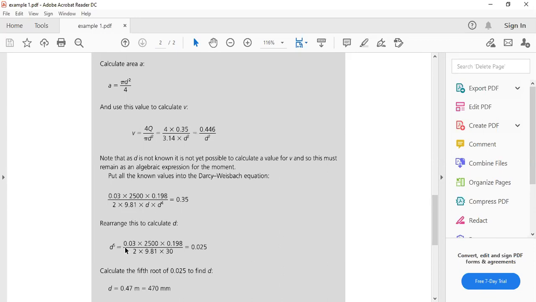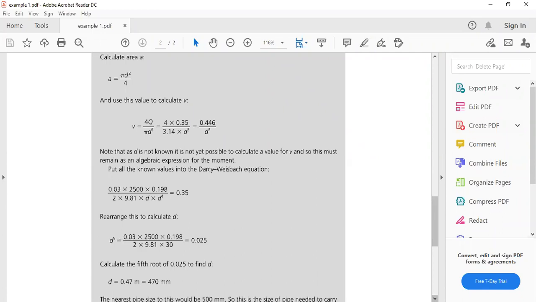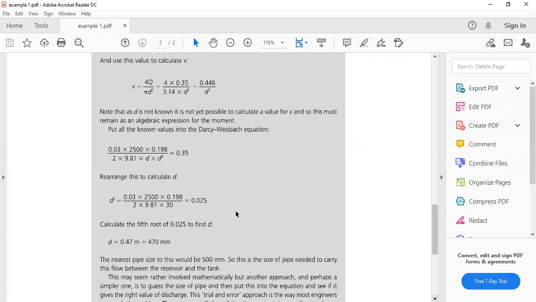And when we solve for diameter, because when we multiply this d and this d to the power 4, it will become d to the power 5. And such, you can just take the 5th root of d, and we're going to end up with a diameter of 0.47 meters.